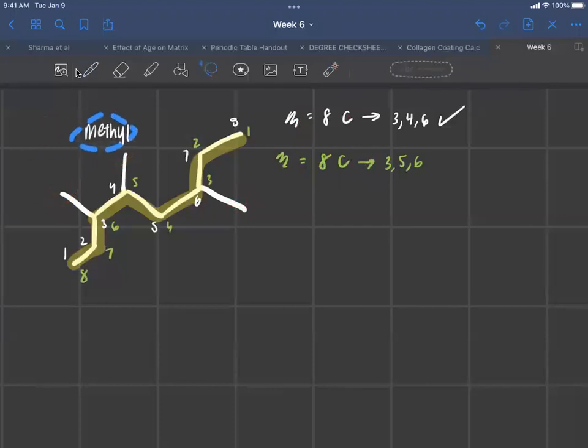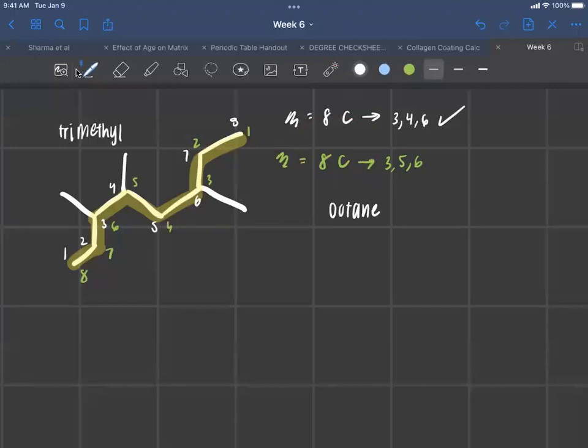And because we have 3 of the exact same substituents on the parent chain, we use the prefix of tri. So we have trimethyl. And our parent chain, we said, has 8 carbons, so we have the prefix of OCT. Because we're dealing with alkane, we have the suffix of ANE.